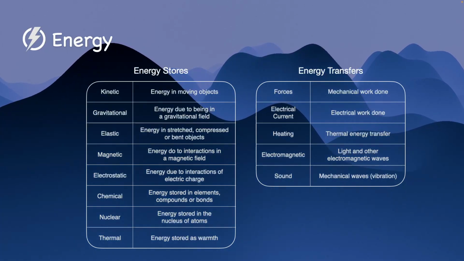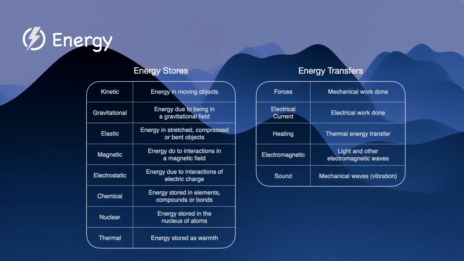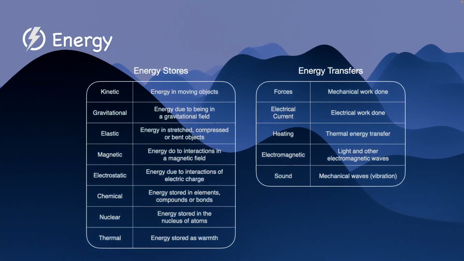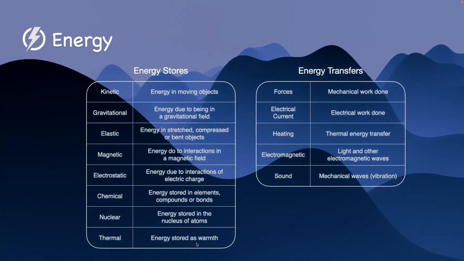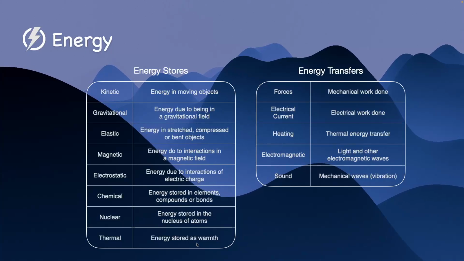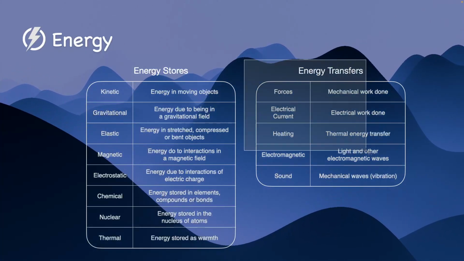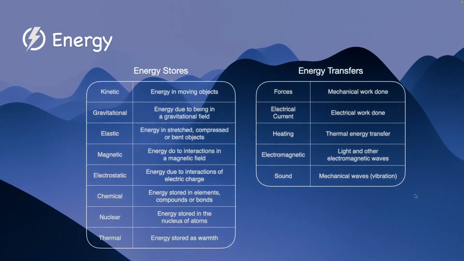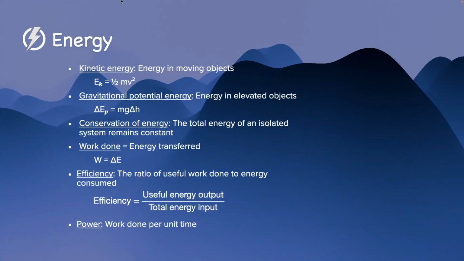So for example, the hydrogen atoms that are inside the sun and they're reacting by nuclear fusion to release energy, they have a lot of nuclear energy in their energy stores. And the same thing applies to thermal energy, which is energy stored in warm objects. And these are the energy transfers by which all of these energy stores can be converted or transmitted from one object to another. All right, moving on.